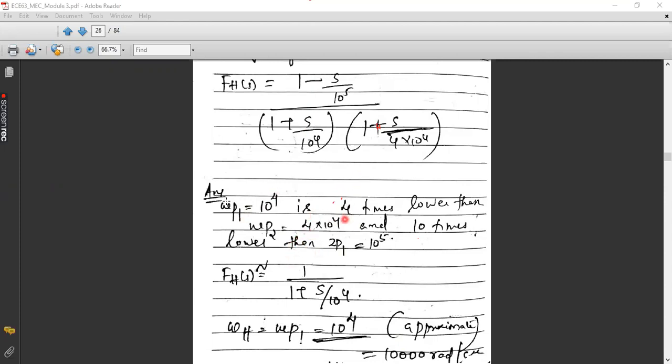Understood? Rupendran? Rakesh? The problem is clear for you. Sriraj?